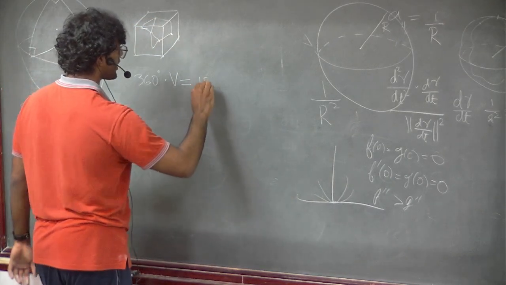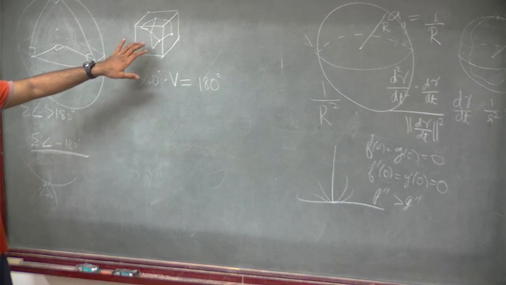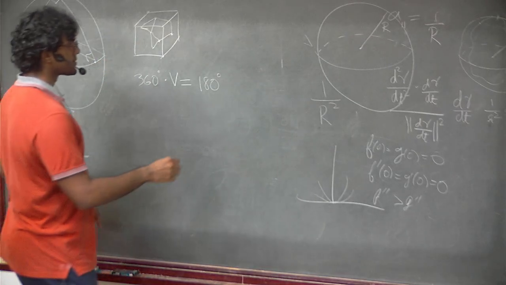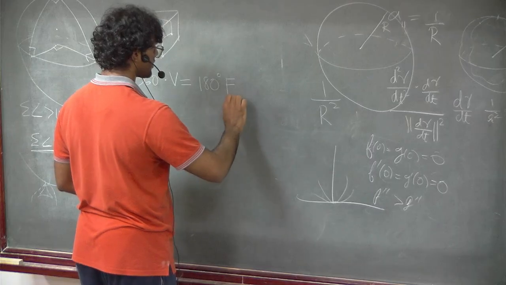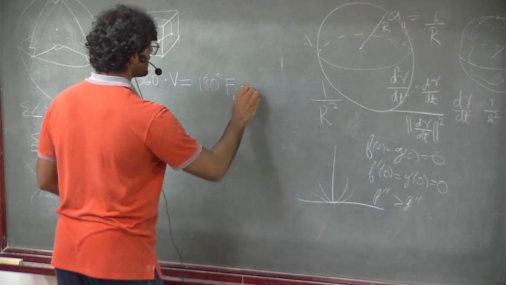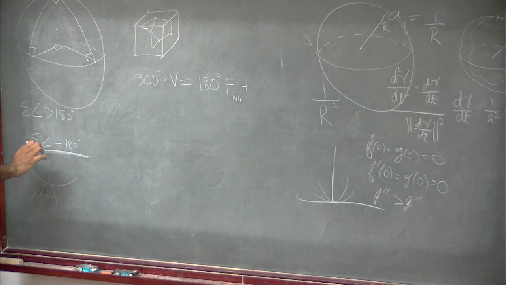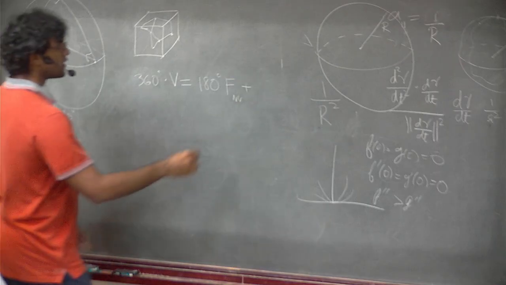So it'll be 180 times the triangles without vertices inside them, F non-vertex, plus the triangles that do have vertices inside them, which equal the curvature at that vertex plus 180 degrees. That's the angle sum of the triangles.